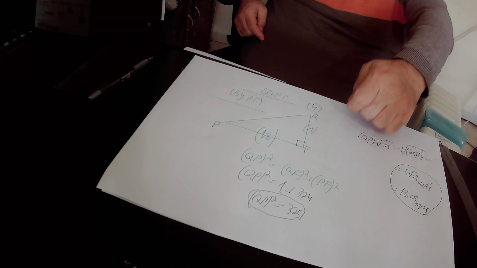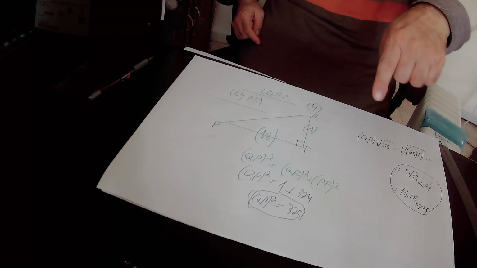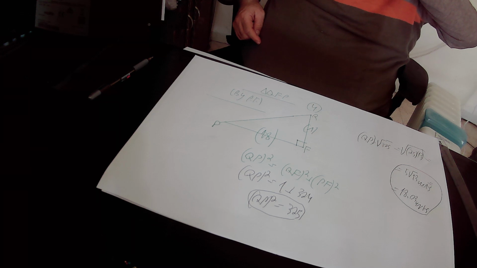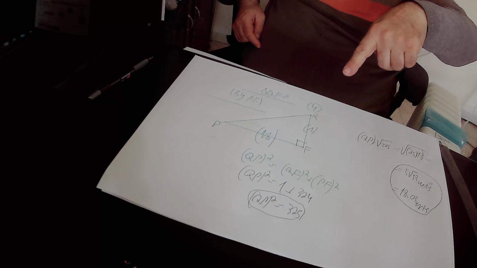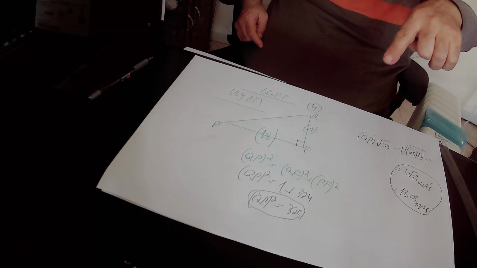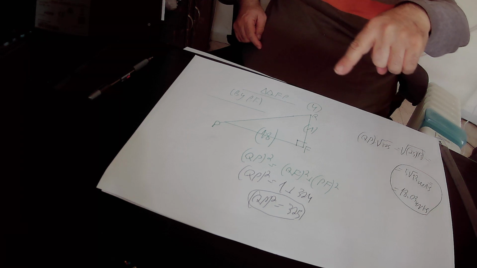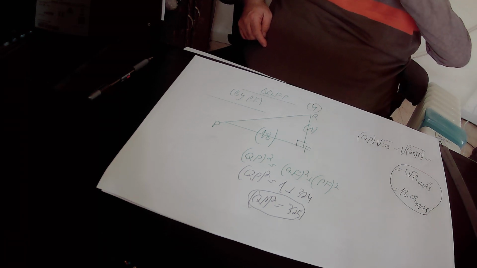According to the Pythagorean theorem, PQ squared equals QF squared plus PF squared. So QP squared equals QF squared. QF is 1, therefore QF squared is 1 squared, that is 1, plus PF squared. PF is 18, therefore PF squared is 18 squared, that is 324.